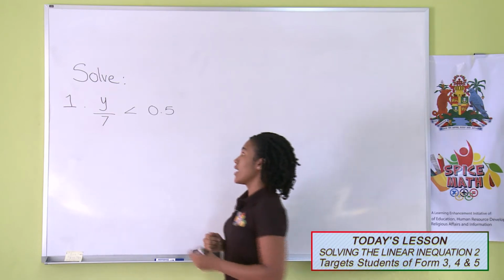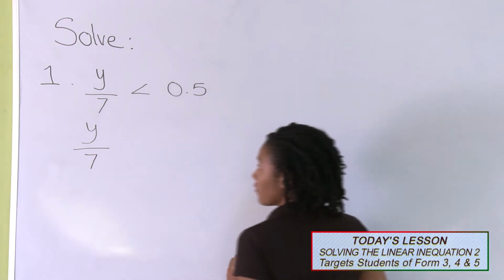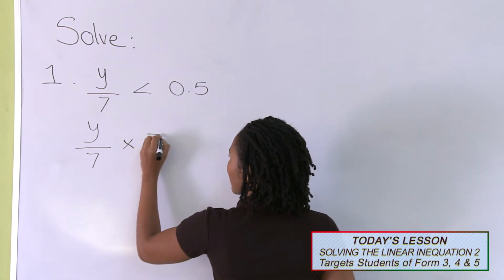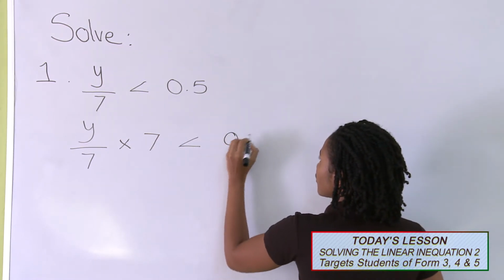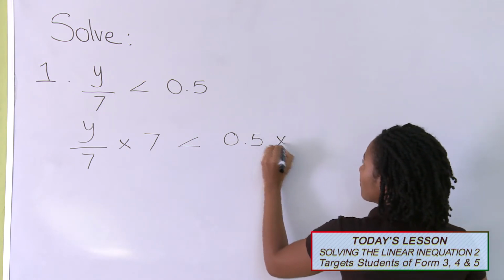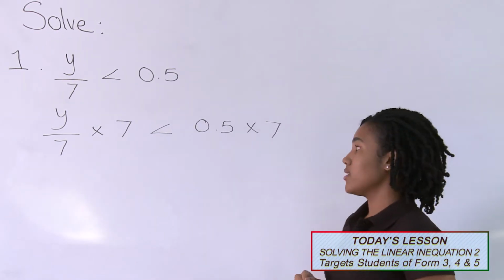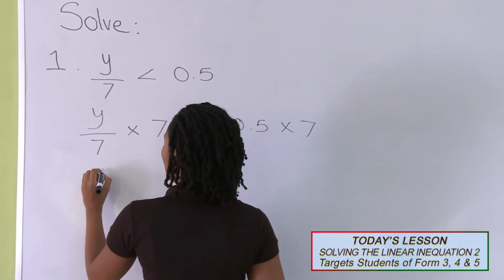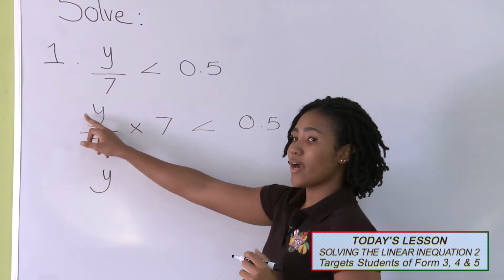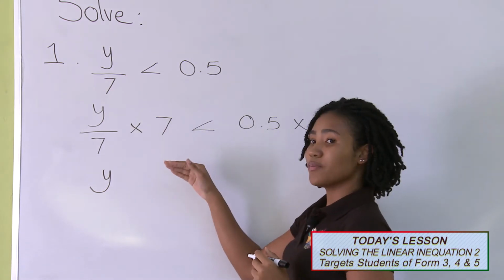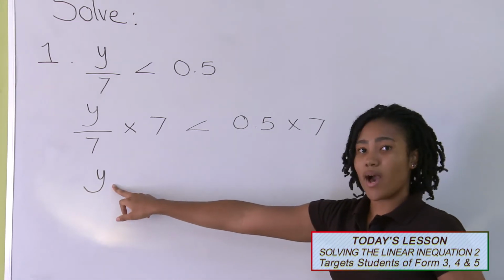So when we do that, we get y over 7 multiplied by 7 is less than 0.5 multiplied by 7. When we simplify this, we're going to get y, because 7y divided by 7, and 7 divided by 7 gives us 1. Therefore, we're left with y.